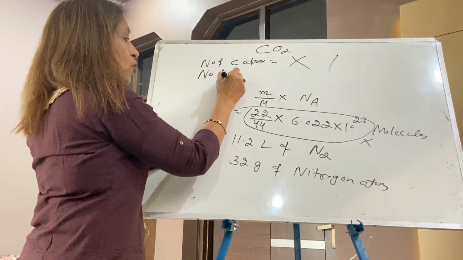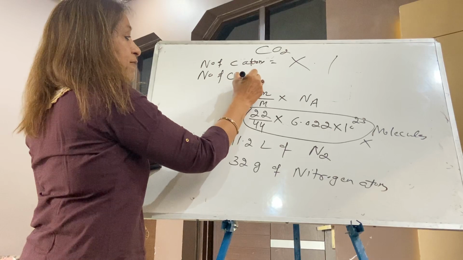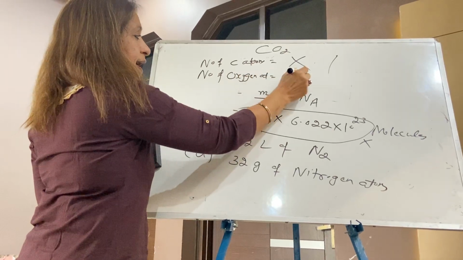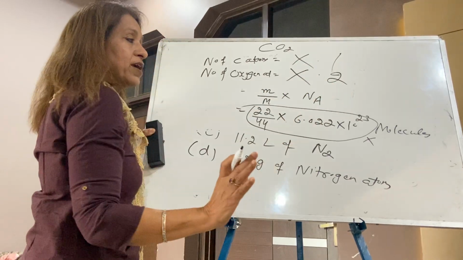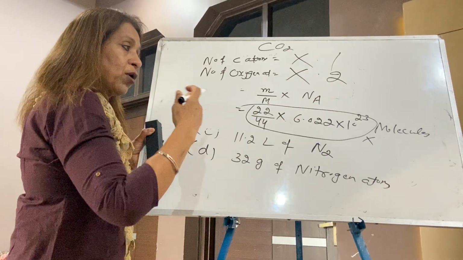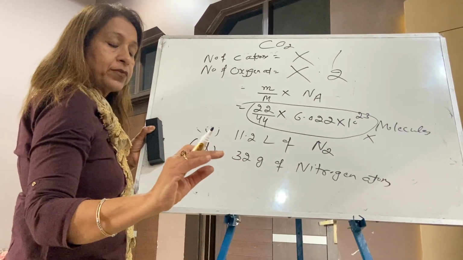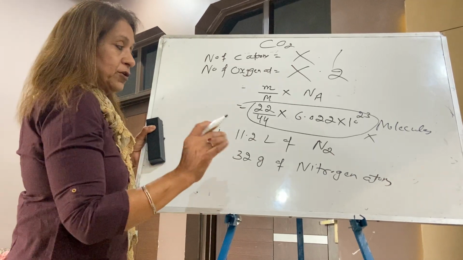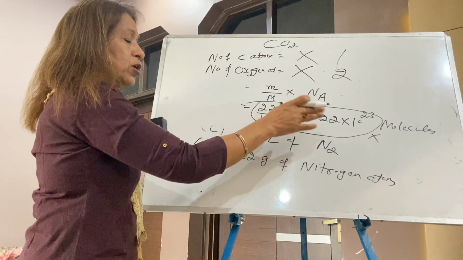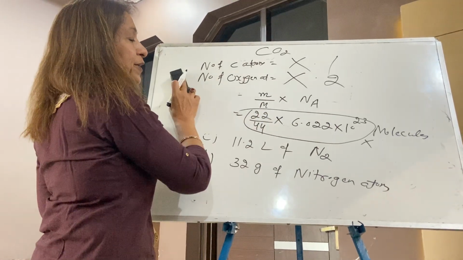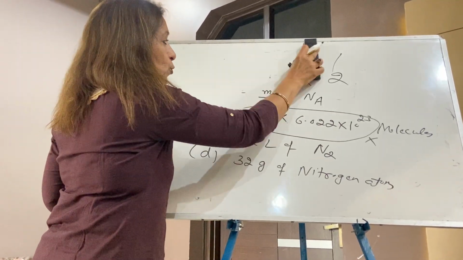Write down number of oxygen atoms in carbon dioxide: X molecules multiplied by 2. I think it's very clear now. From molecules, if you want to calculate atoms, you will select how many atoms, then you will multiply the number of molecules by that. 1 into X and 2 into X.